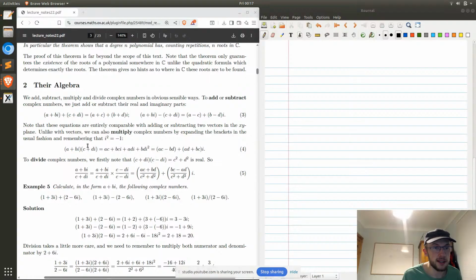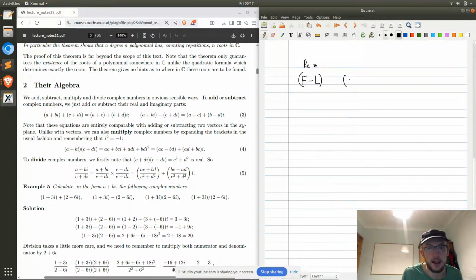AD plus BC, that's the imaginary part. If you think of FOIL, it's like first minus last. That's the real part of my complex number. And then outside plus inside, that's the imaginary part of my complex number Z.